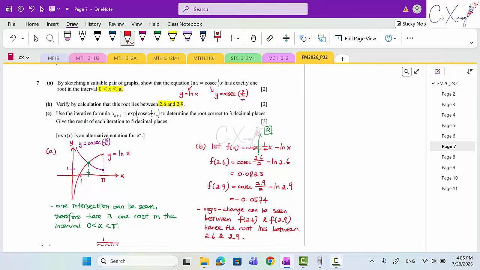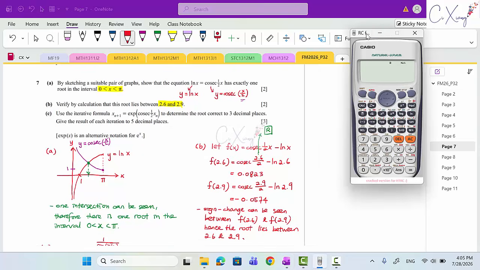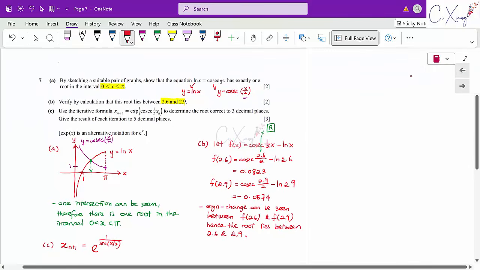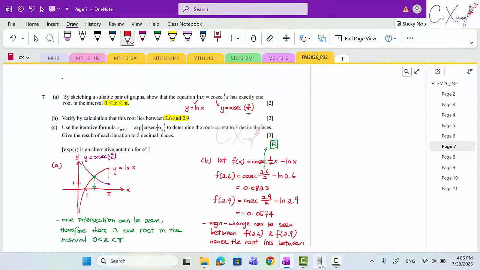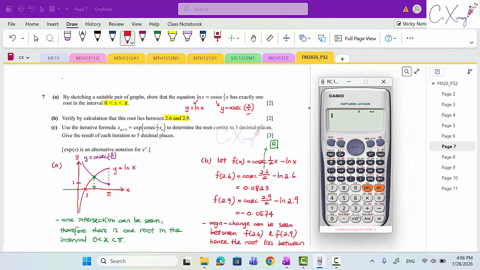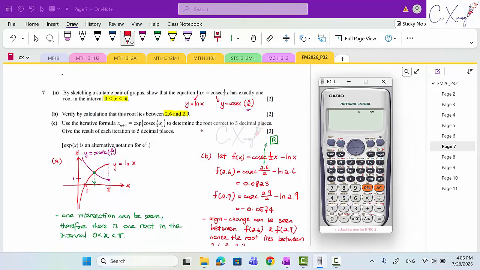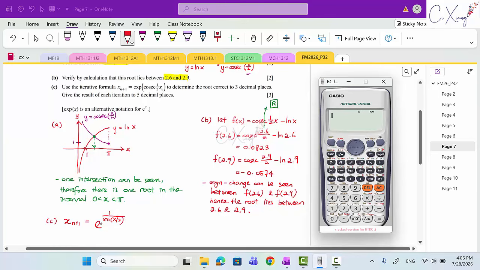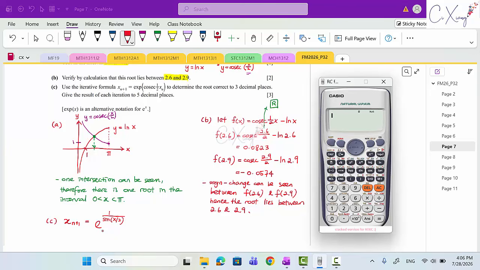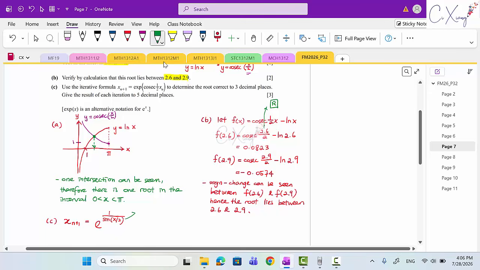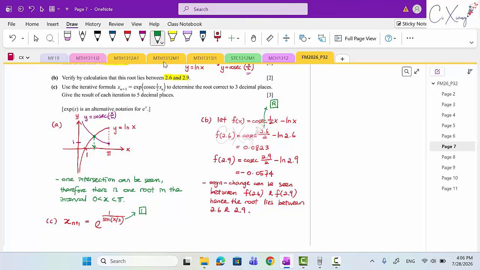So let me show you the calculator here. For the calculator part, I need to key in this formula on the right hand side of the iteration equation. So I'm having e to the power of 1 over sine x over 2. Before you press any value, just a reminder, because we are having trigonometry, the unit of angle is always the radian mode.